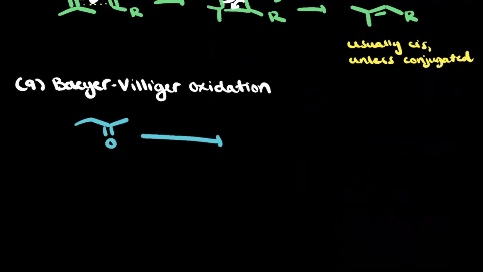You can use some sort of peracid for this, like MCPBA, or any other peracid. But if you start off with a ketone, you will end up with an ester, okay?